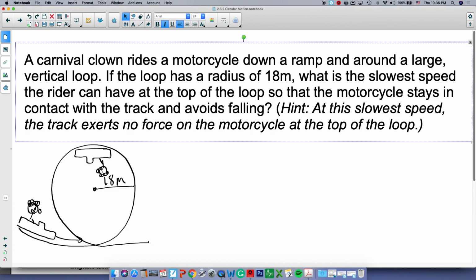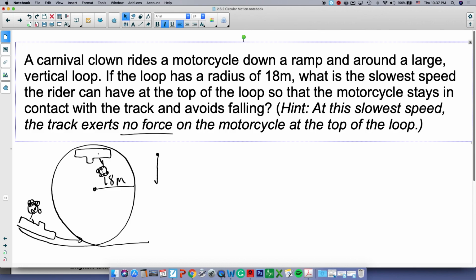Okay, so let's think about the forces at the top of the loop. All right? So it says here, at the slowest speed, the track exerts no force on the motorcycle at the top of the loop. Well, what are the forces here then? Track's not exerting any force. Well, normally the track would be exerting a force, so that would be called the normal force, right? But there is no normal force. So what's the force up here?